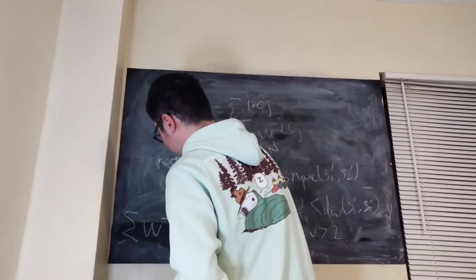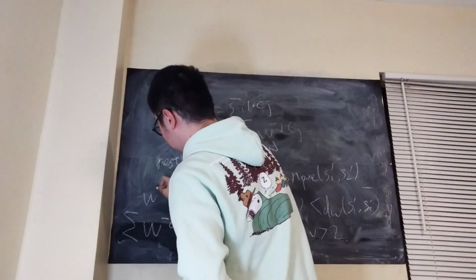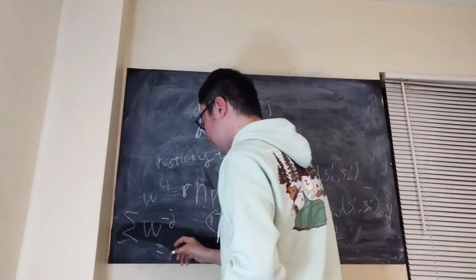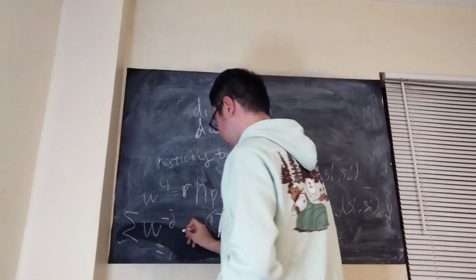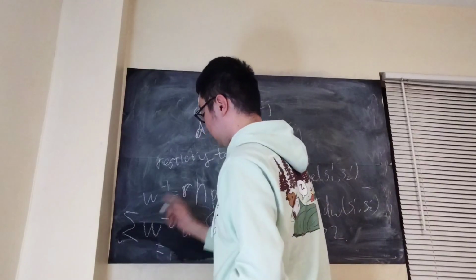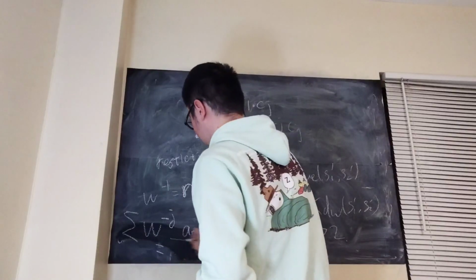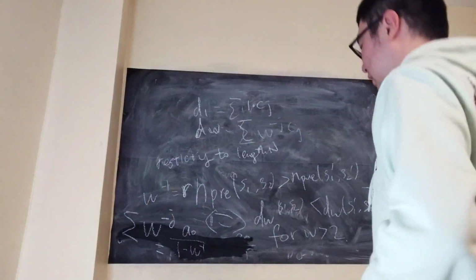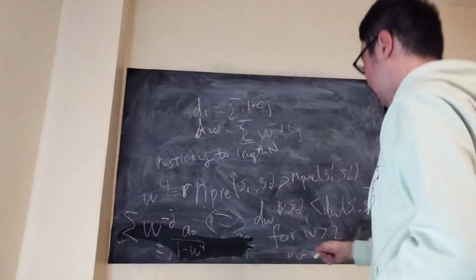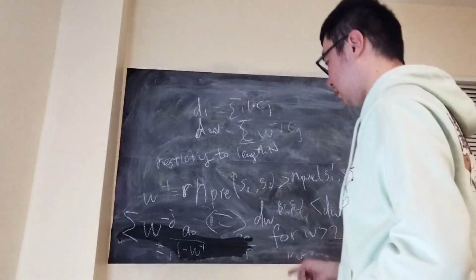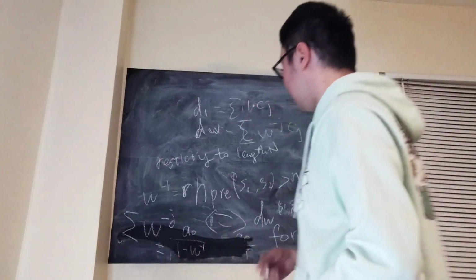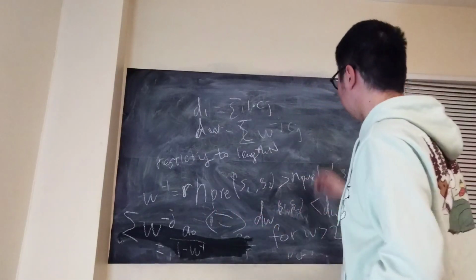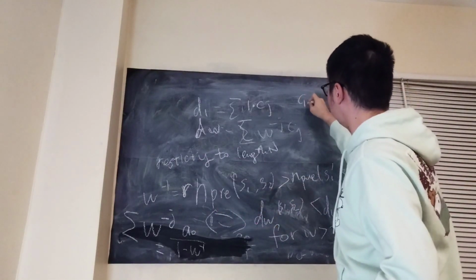So w minus j, so w minus 1 is the r, right? The sum of w minus j is a0, which is the starting term, depending on what the index is, over 1 minus w minus 1. And so what happens is for w greater than 2, this sum causes something to happen. So remember that n-pre wants to compare that.